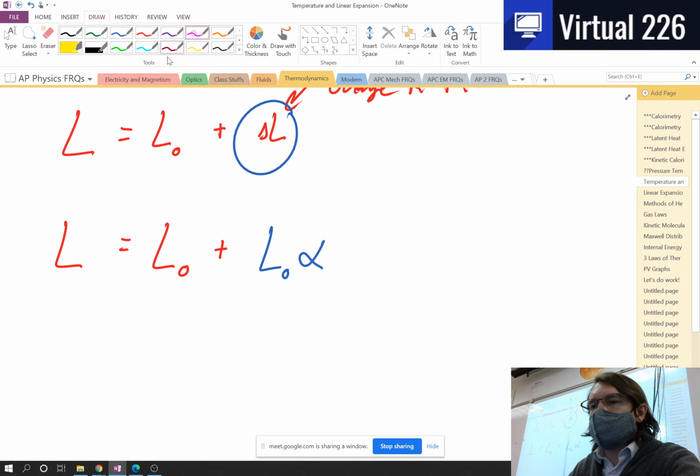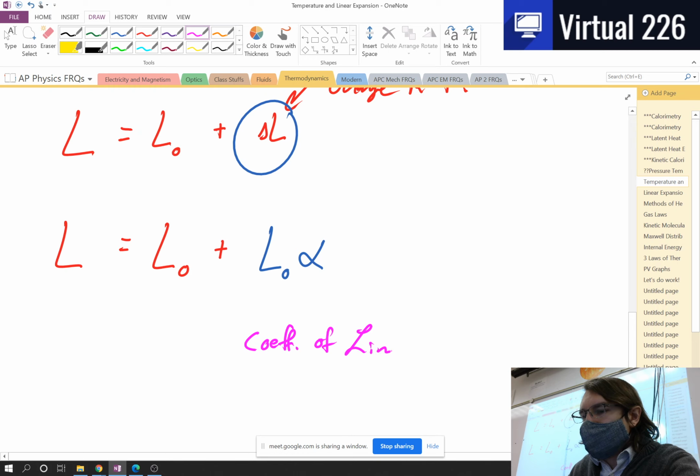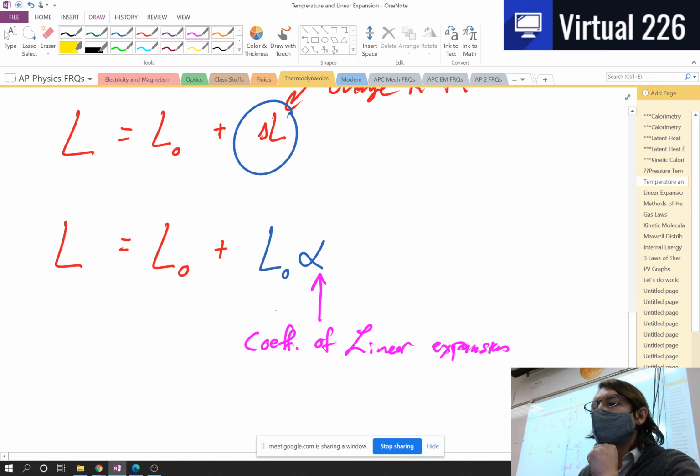This alpha term is the coefficient of linear expansion. And normally, these values of alpha are small. They're like times 10 to the minus 3. They're small values, okay? And then we multiply this by the actual change in temperature.